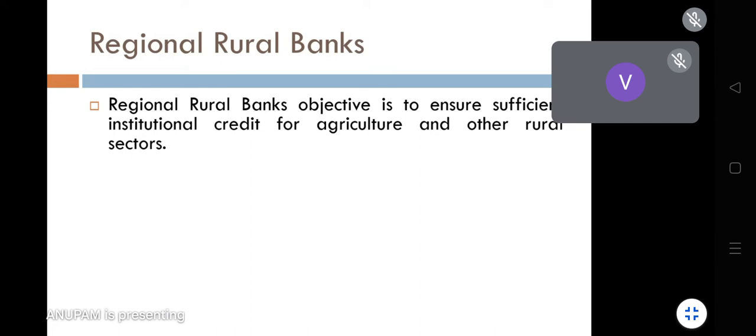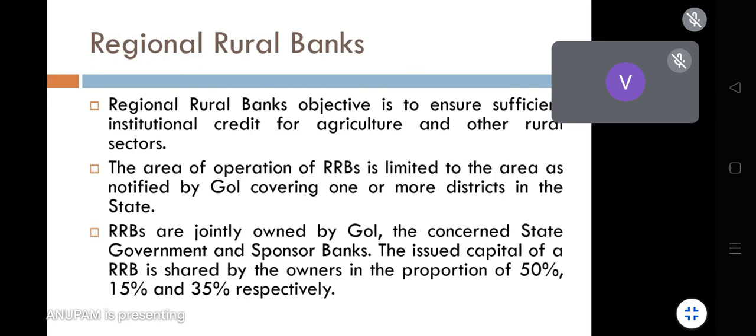Okay, next. The area of operation of an RRB is limited to the area notified by the government. It may be 1 or more districts.